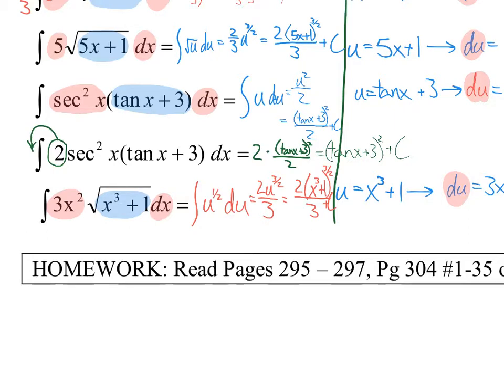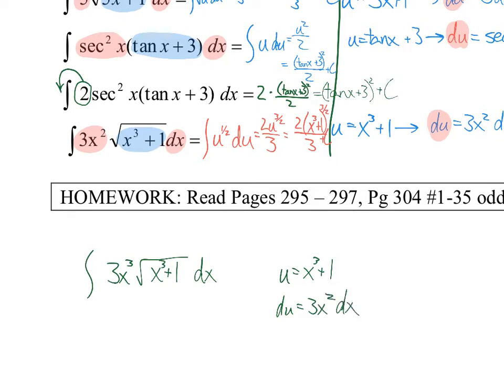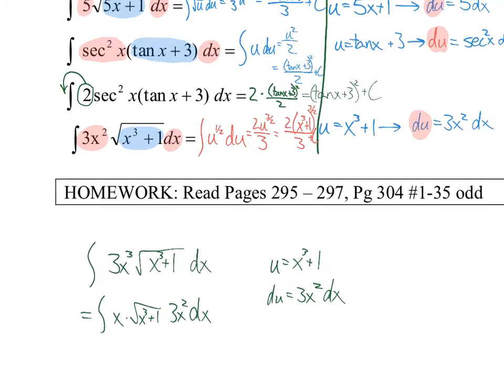For example, let's say that I had the integral of 3x cubed times radical x cubed plus 1 dx. Okay? If I were to do that, and I made the u the x cubed plus 1, and the du was 3x squared dx, notice what would end up happening. I would have the 3x squared dx, and I'd have the radical x cubed plus 1, but since I had a cube originally, I'd have this extra x in there.